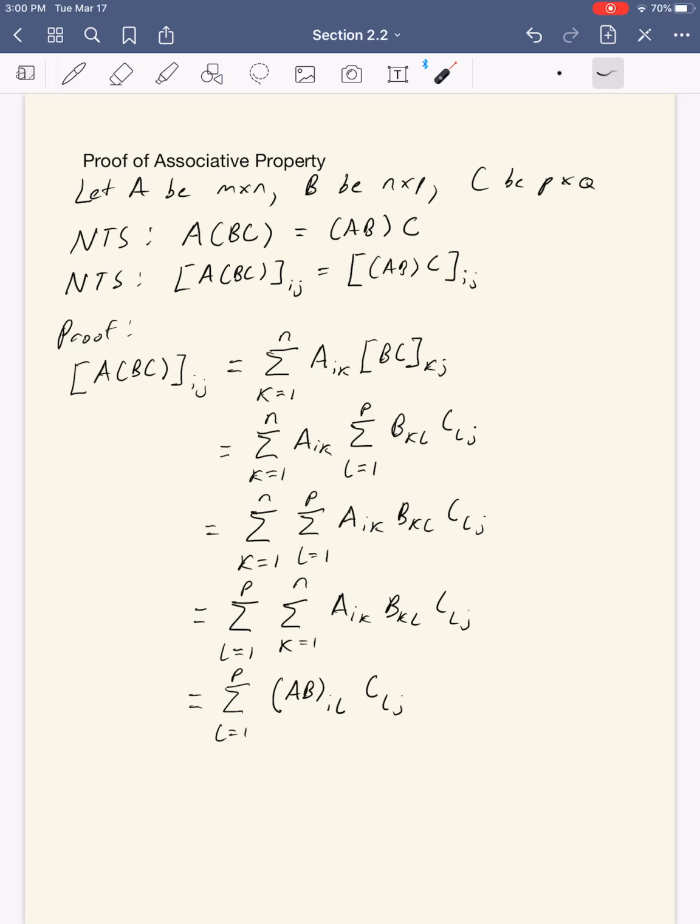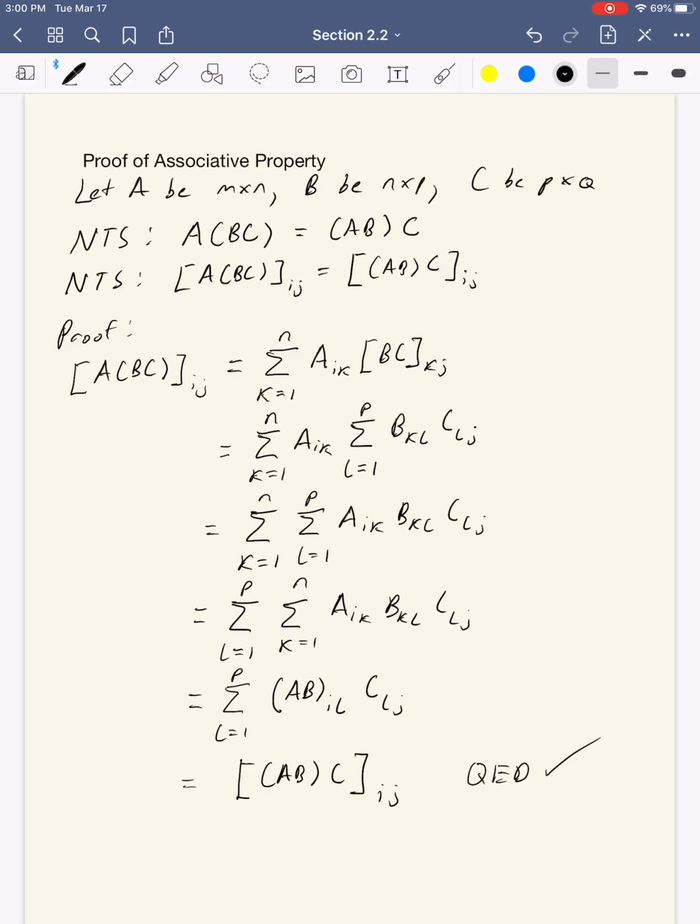But now notice that this is talking about the ith row of that and the jth column of C. So we can use the definition of matrix multiplication one more time to talk about how this is actually the ijth element of AB times C. Well, if we go all the way back up to what we were trying to show, we wanted to show that the ijth element of A times BC is the same as the ijth element of AB times C. And that's exactly what we've done. So we completed our proof. We slap a little QED on there, and we're all good.